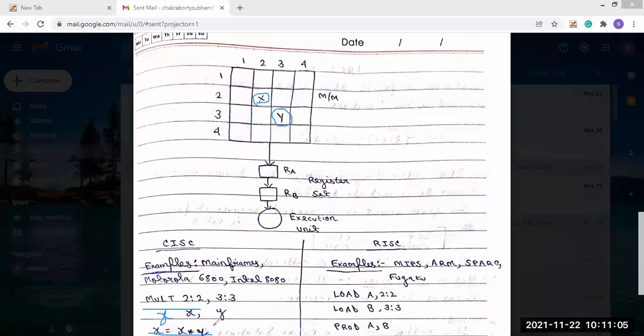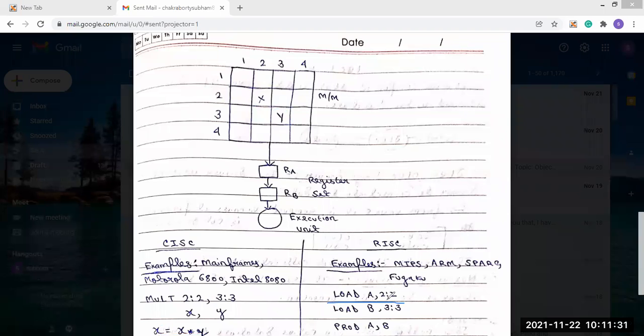But for RISC there is some difference, because we already said that it works on registers. So first we have to transfer the value from memory to the register. That's why you see LOAD A, 2:2.